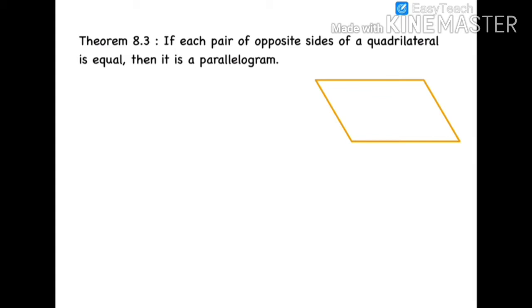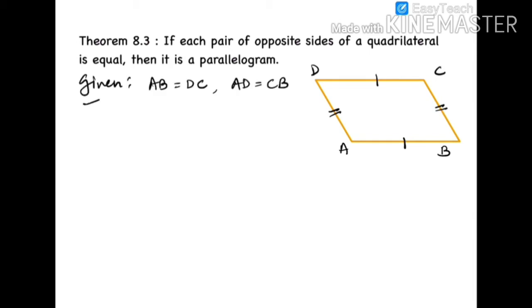So in this quadrilateral ABCD, AB is given equal to DC and AD is equal to CB. We have to prove that this quadrilateral is a parallelogram. So we have to prove ABCD is a parallelogram.